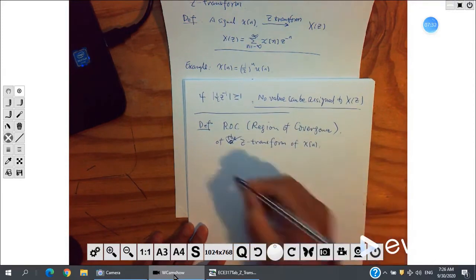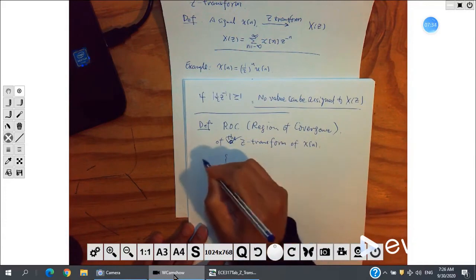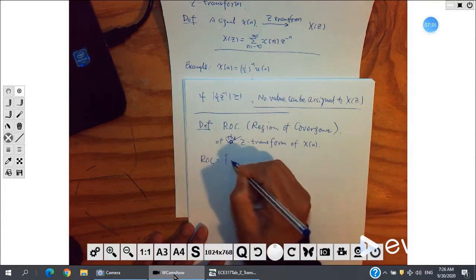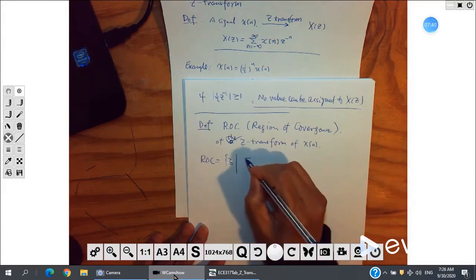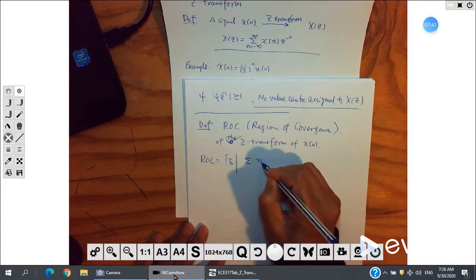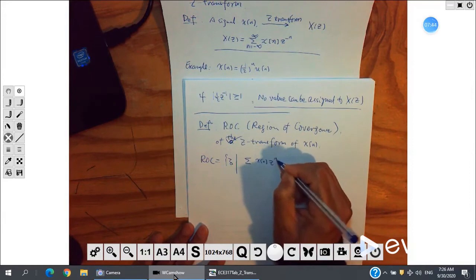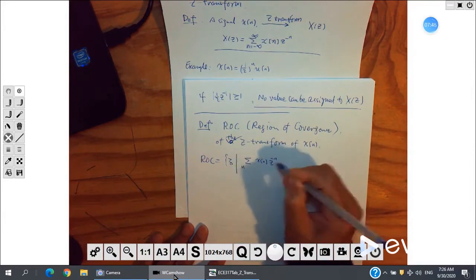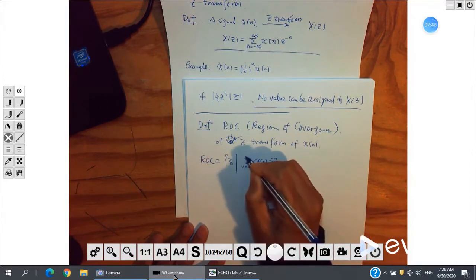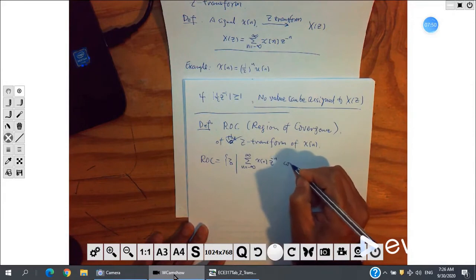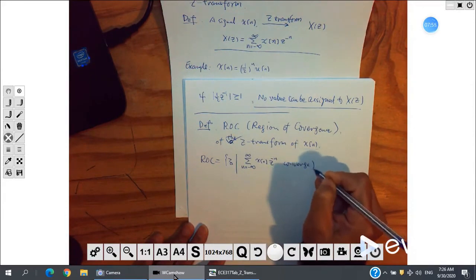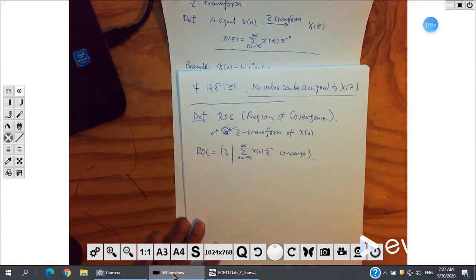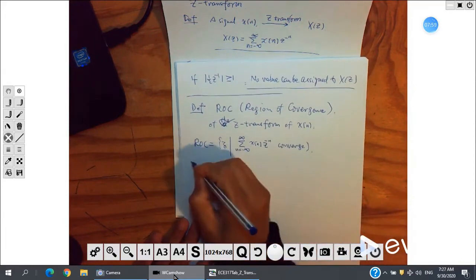That is, the RC is equal to the set of z for which the sum of x of n times z to the negative n, over all integer n, converges. Alright, that is the RC.